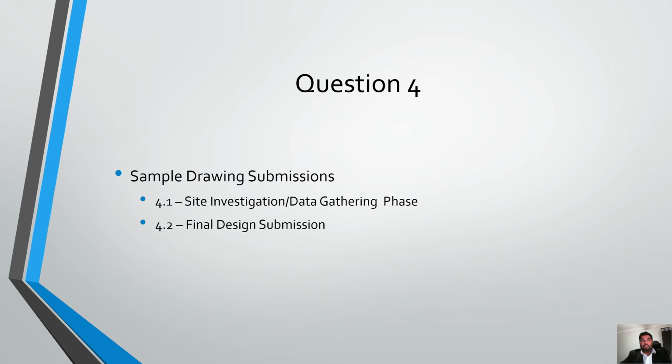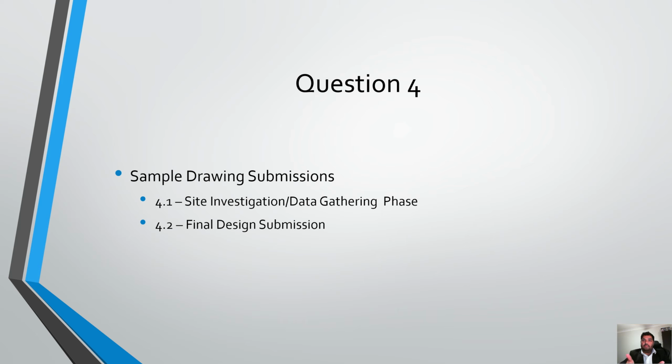The last question is sample drawing submissions. I was unable to get a lot of designs for this because we weren't able to get approvals on time, and some of the information they weren't able to locate.